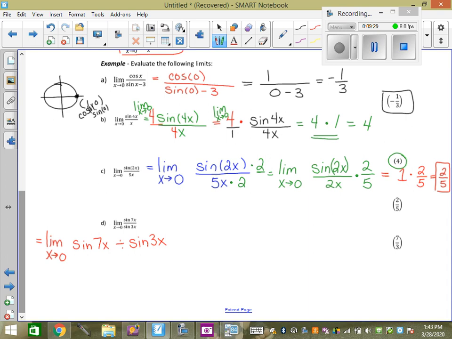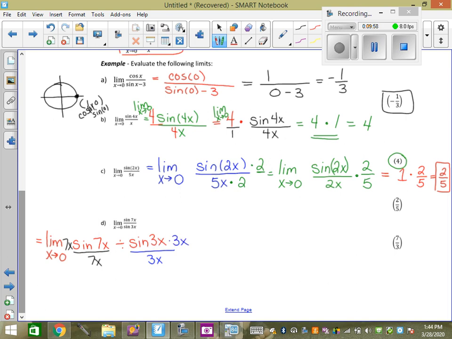Okay? Now, I'm going to treat them separate. So this one, I need to divide by 7x, right? In order to get it to go away. And what I do there, I have to do to the top, because I can't just do it to one side. Then the 3x one, I need to divide by 3x. Not just the 3, there is no x down there, so 3x, and I have to also do it to the top.